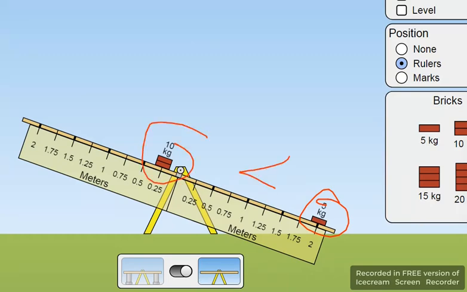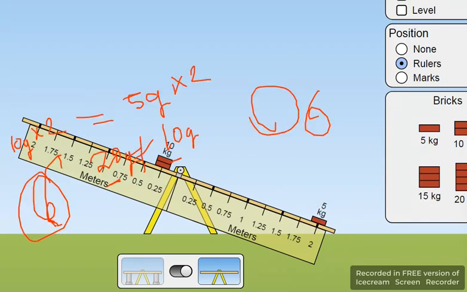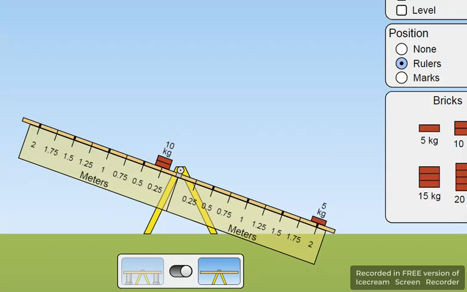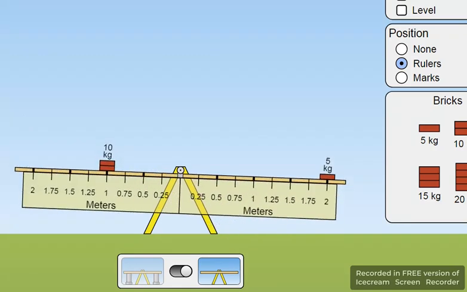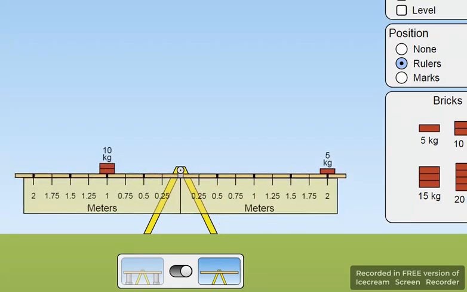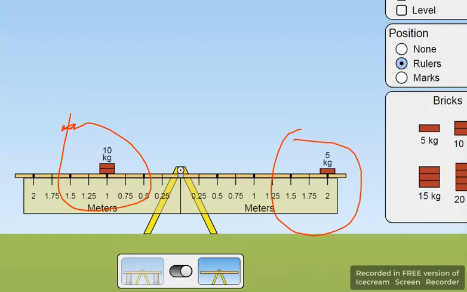Now if I place this 10 kg object at the point where it will balance, like if I place it at the one point, and you calculate the moment of force of the left point, it will be equal to the moment of force of the right point, irrespective of their masses.